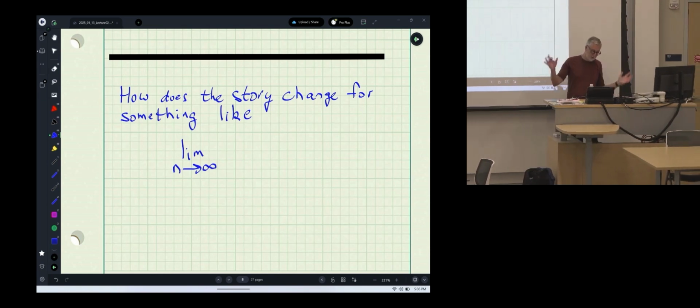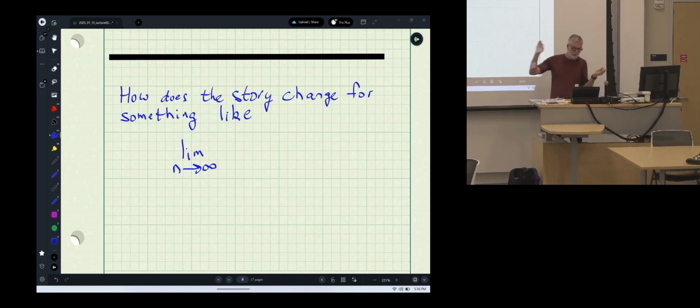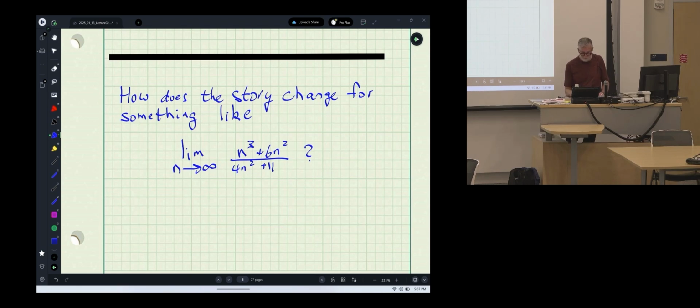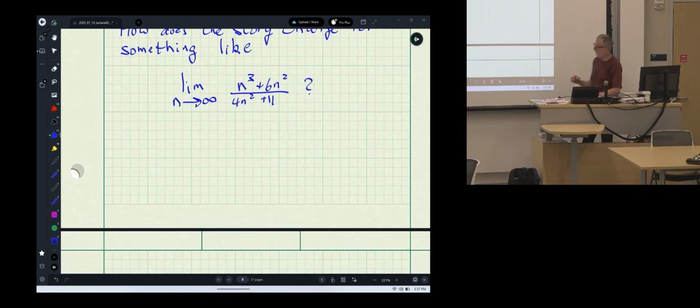Okay, so now that you can see what I'm doing, how does the story change for something like the limit as a counting number goes to infinity, and you had something like this? So before we had x, a real number.